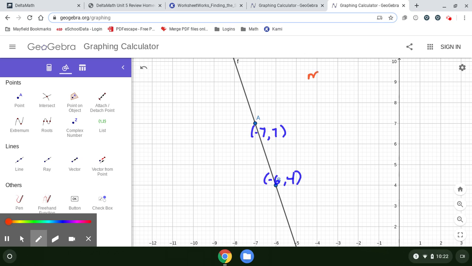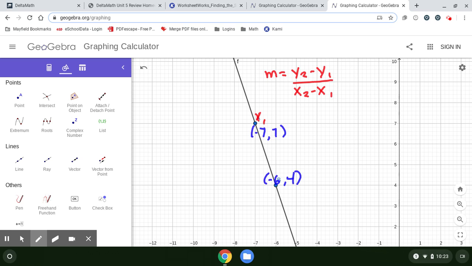The slope is equal to y2 minus y1 over x2 minus x1. I can pick which one is going to be x1 and y1. It does not matter which one you pick. You will get the same answer either way. So we'll do x2 and y2.